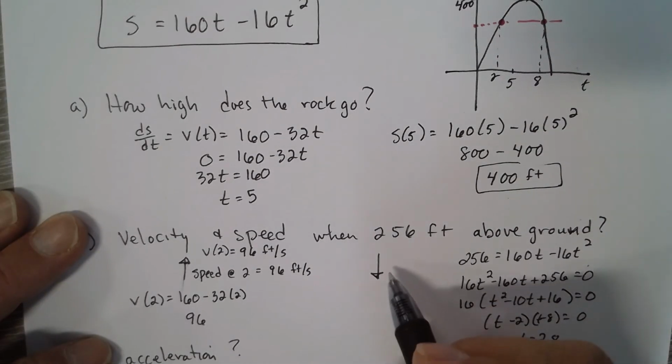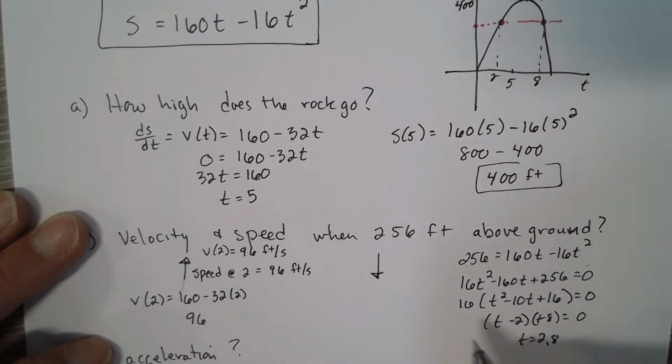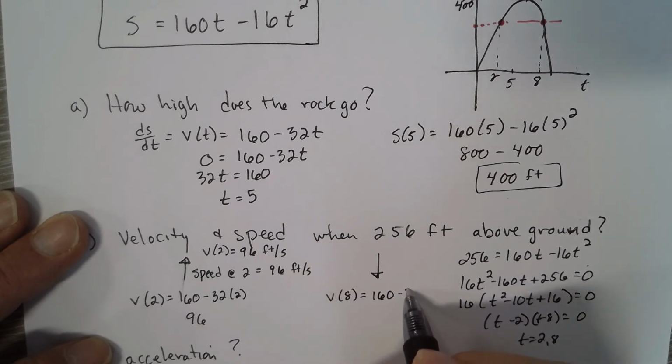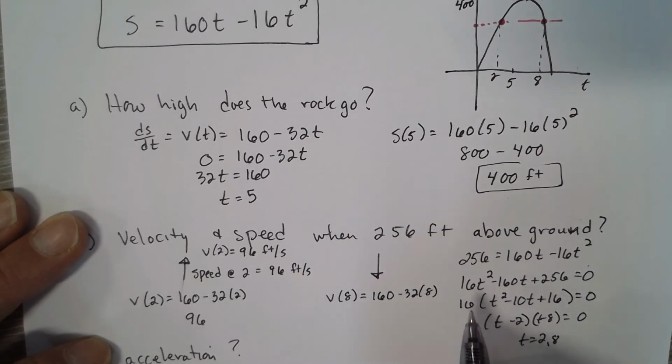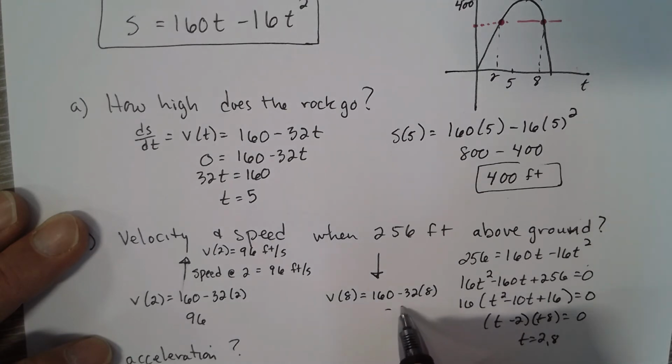So what about on the way down? We can find the velocity at 8. Velocity at 8 is 160 minus 32 times 8, 240, 256. So negative 96.